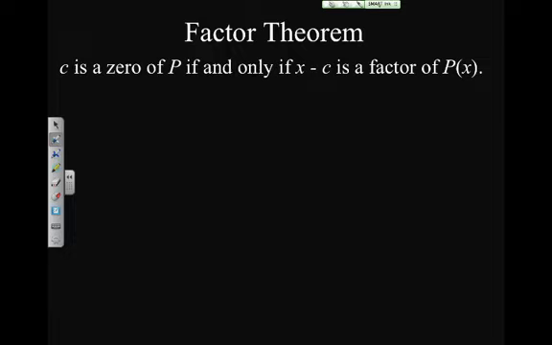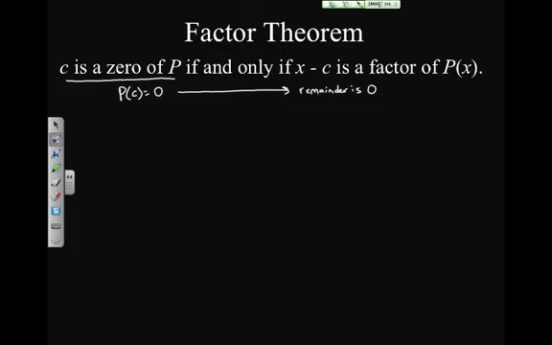Now the next theorem we talk about is what is called the factor theorem. And here's what the factor theorem says. c is a 0 of p if and only if x minus c is a factor of p of x. Well, think about what a 0 is. A 0 means that p of c equals 0. Using the remainder theorem, what that means is the remainder is 0.